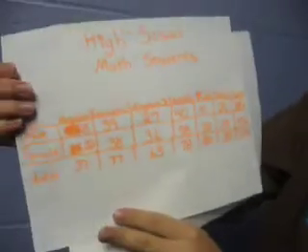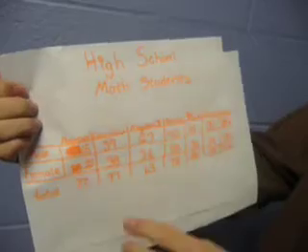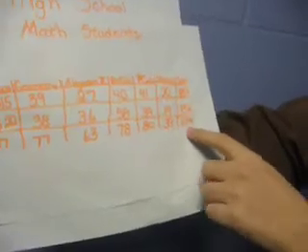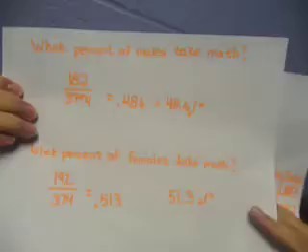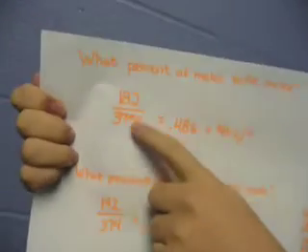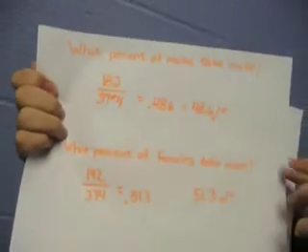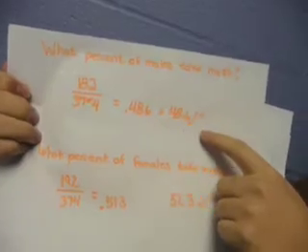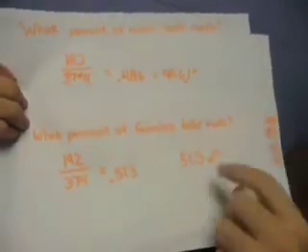So we can first find that the total male students taking math is 182, and total students taking math is 374. So 182 divided by 374, we get 48.6%.